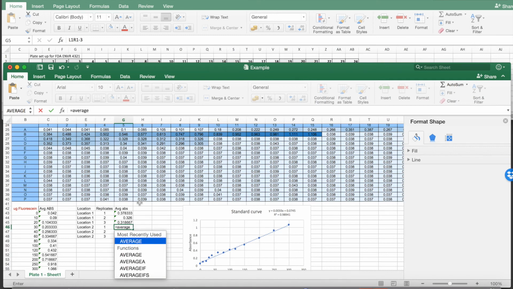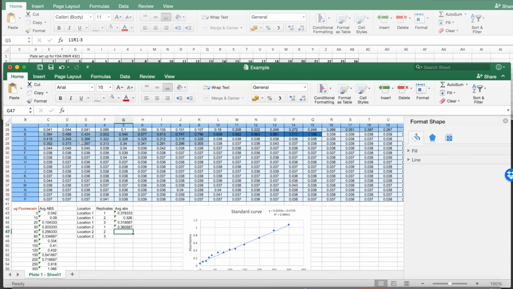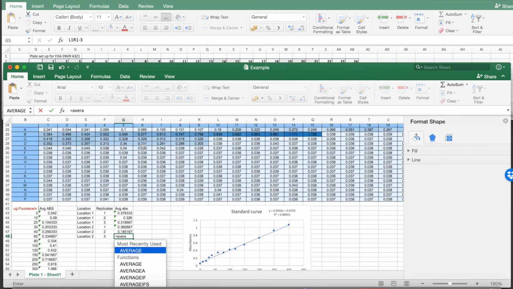So average location 2 should be in row D. Alright, location 2, replicate 2, it's also in row D, row D, 4, 5 here. And then location 2, replicate 3. They had 3 field replicates, the real replicates.